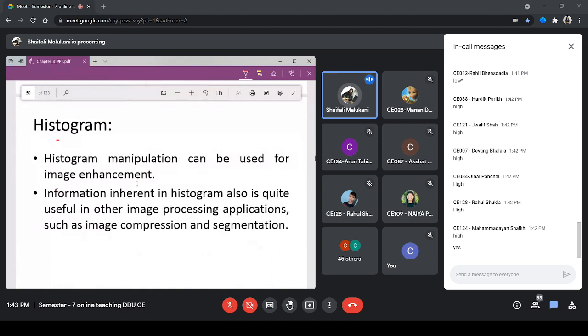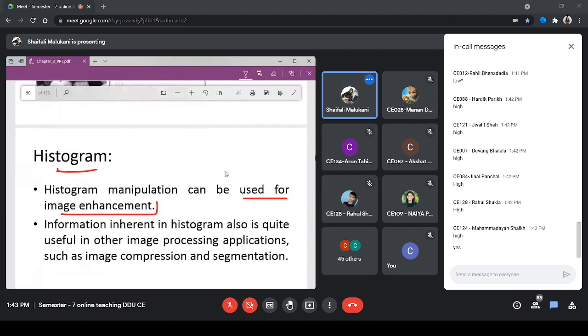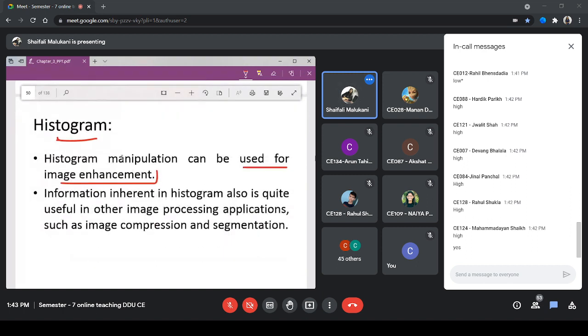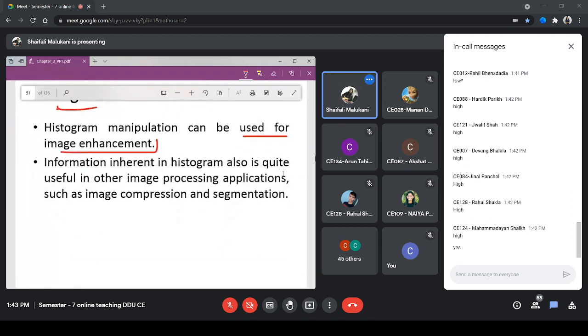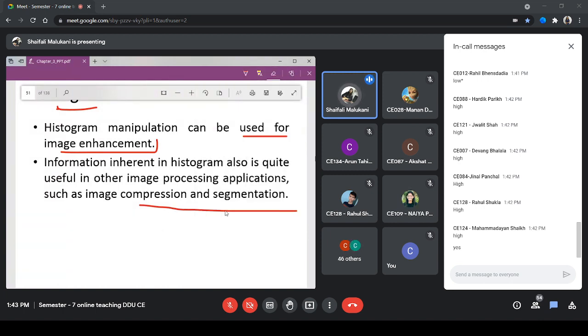So what is the use of it? It can be used for image enhancement. As I told you, to decide parameter values and to decide the enhancement technique, you can use the histogram. Compression and segmentation: can anyone tell me how compression and segmentation can benefit from this histogram?